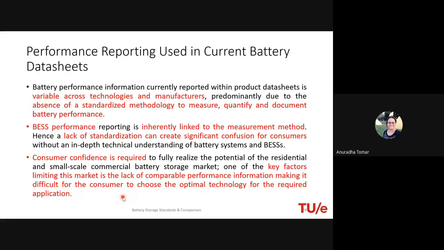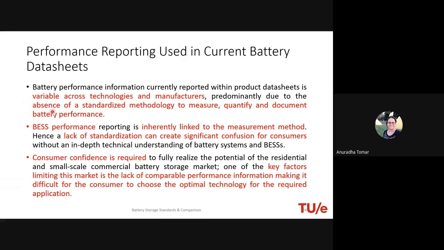Again, the performance reporting used in current battery data sheets. You could see here these are the different things that are mentioned on the data sheets. For example, there is variability among the different manufacturers.